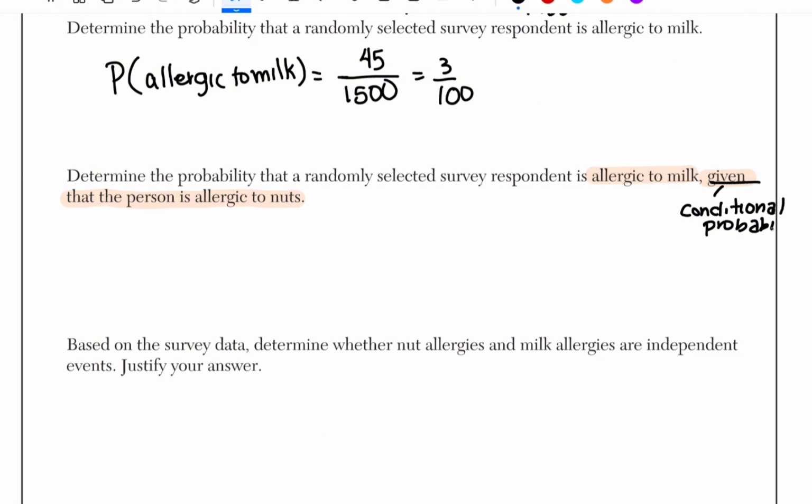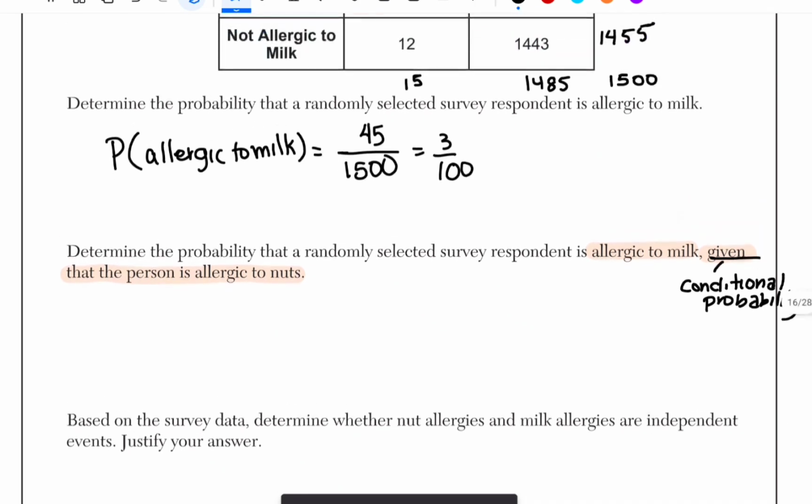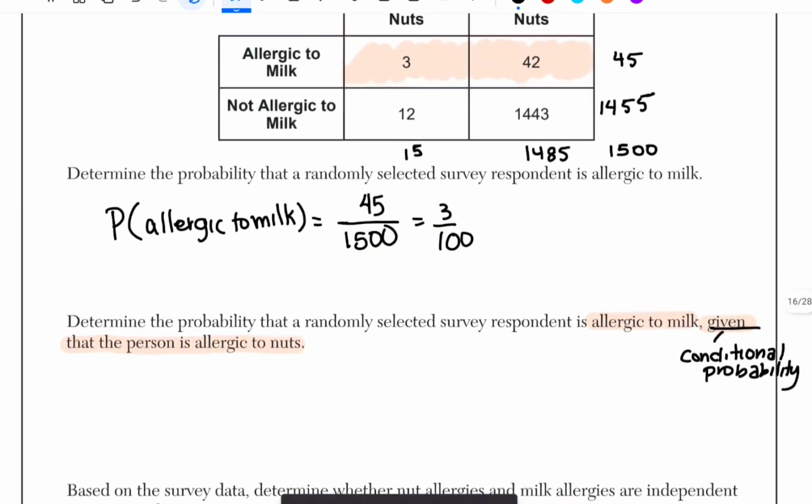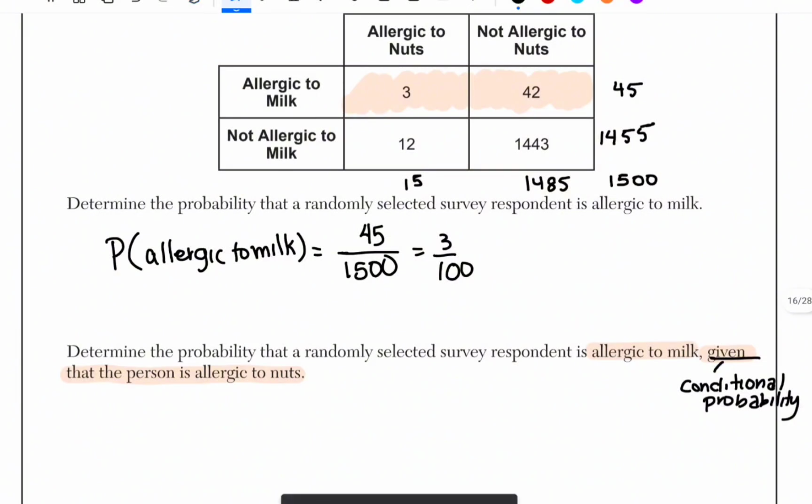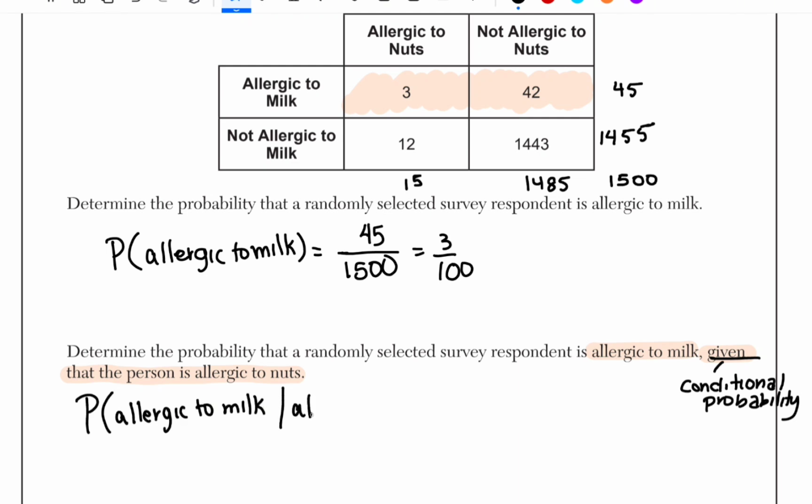Basically saying, what is the probability that this event happened given that this event already happened? So they're saying the probability that they are allergic to milk given that they are allergic to nuts. Well, we'll see. So we'll write it out. Probability that they are allergic to milk given that they are allergic to nuts.